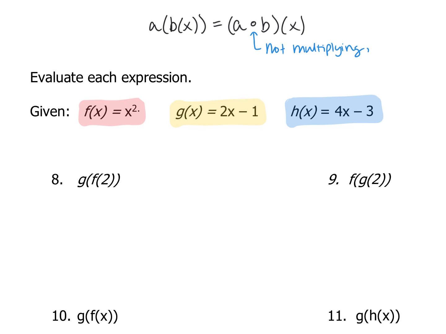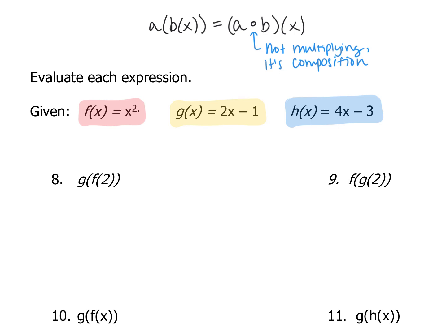So that represents composition. So that's what I'm going to make a note of. That represents composition, meaning we're inserting one function into another. So both of these mean the exact same thing. Exact same thing.